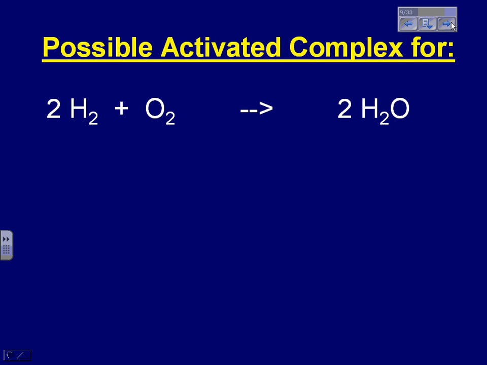Now, this type of question I'm really not a fan of, but some of the worksheets in the textbook do have this. What might an activated complex look like for this particular reaction? Well, we've got an H2 here and an O2. And I'm not concerned about the way you've drawn the bonds, whether you draw them as single or double bonds.